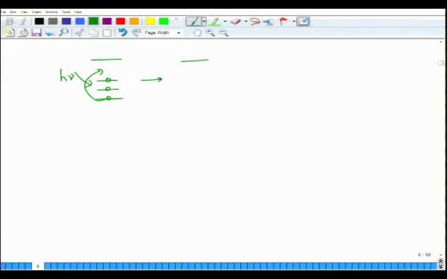As a result, this electron goes there, and the level that was filled becomes empty, and an electron from this level now makes a transition to fill it. So it will emit a photon of energy h nu prime, where h nu prime is lower than h nu. The energy of this has to be lower than the energy of the incoming beam, right.